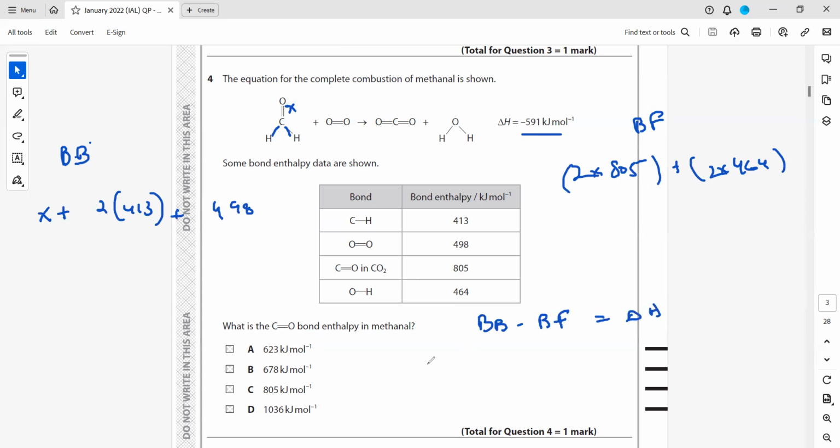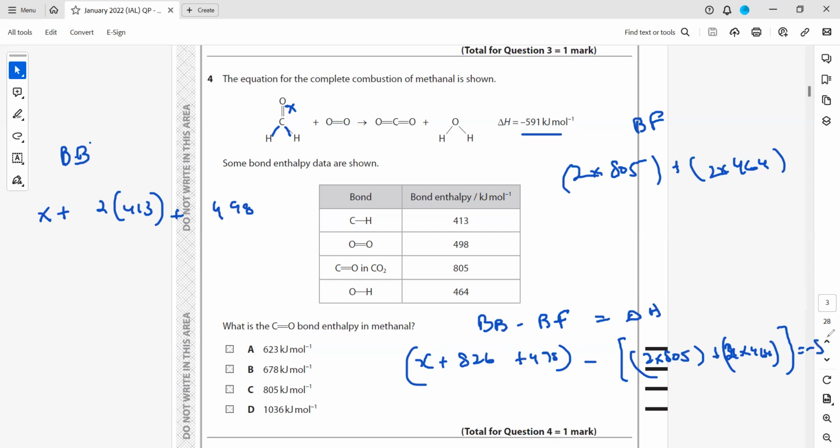Bond breaking is X plus 826, because multiplied by 2, plus 498. This is bond breaking minus the bond forming. So this whole will be 2 multiplied by 805 plus 2 multiplied by 464. And this is equal to the enthalpy change, minus 591.